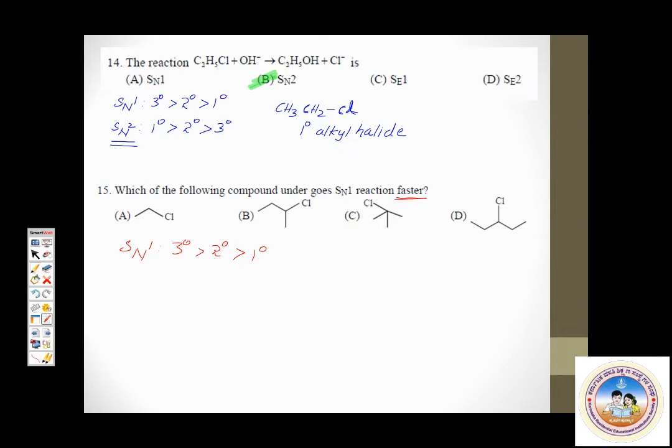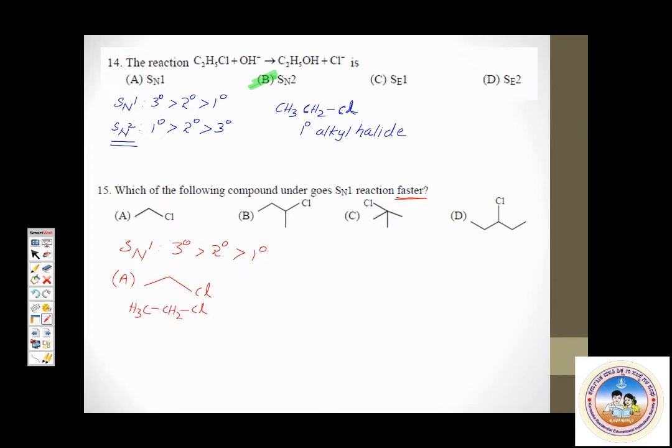Let's look at option A. Option A is written something like this, right? This is bond line notation. So remember, this carbon I can write as CH3, CH2, Cl. Correct? So in bond line notation, every point represents a carbon atom, and hydrogen atoms are not shown.